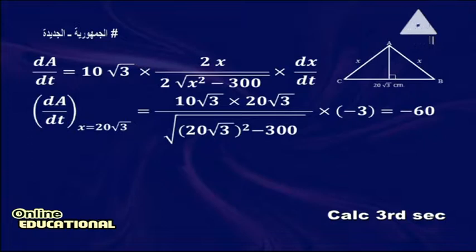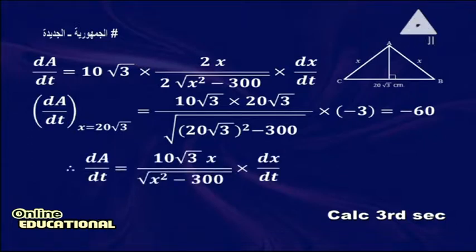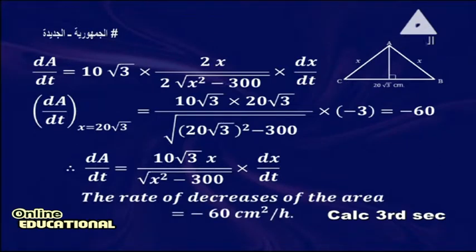Then dA/dt equals -60, so the rate of change of the surface area of the triangle equals -60 centimeter squared per hour, or the area decreases at -60 centimeter squared per hour.